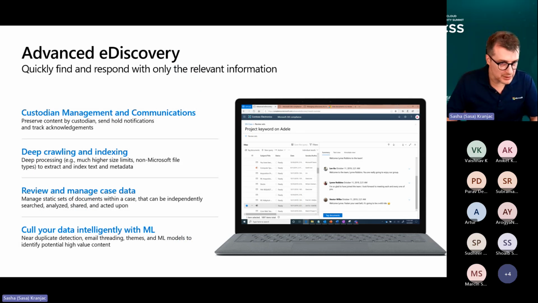We have custodian management, for example. In large organizations which have advanced eDiscovery capabilities and take advantage of them, we'll have different custodians. This is like having multiple people working on different parts of the discovery mechanism. So this is also possible.